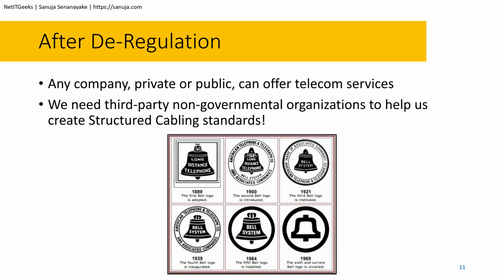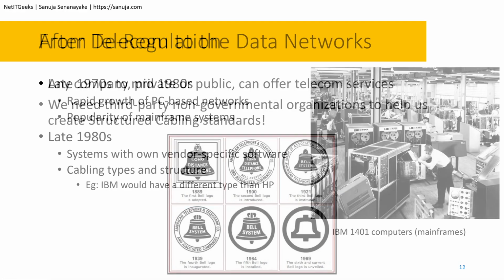It actually hinders the progress and growth of innovation. So because any company, private or public, can create telecommunication systems as a result of deregulation, we need some organizations to step in.